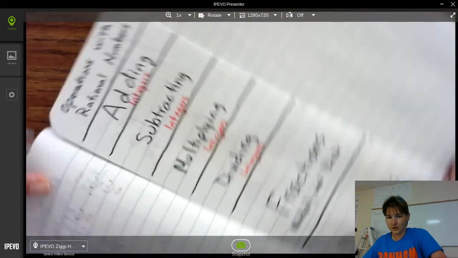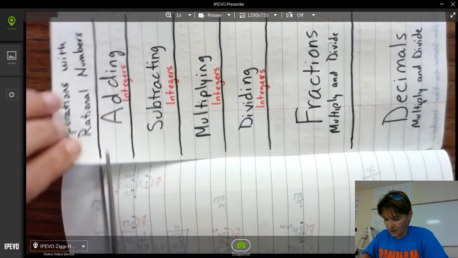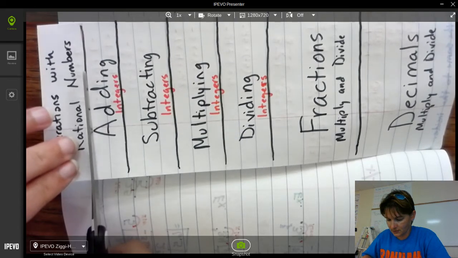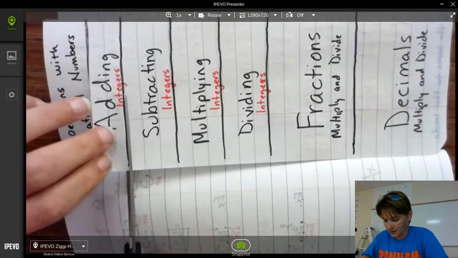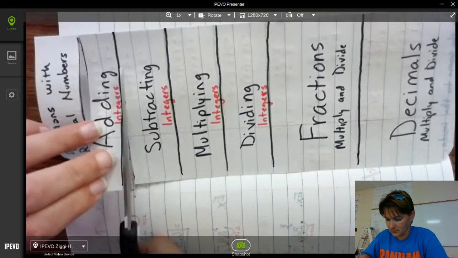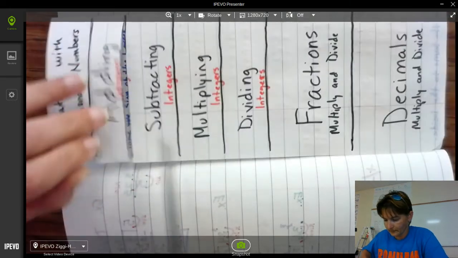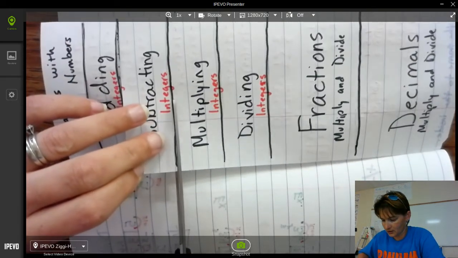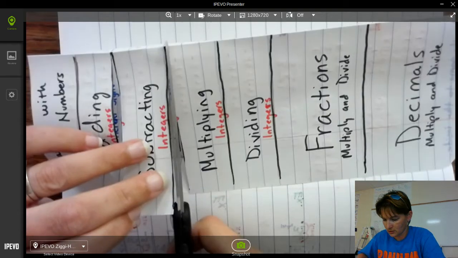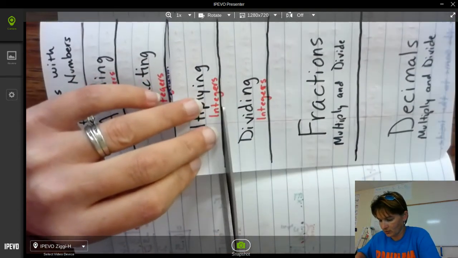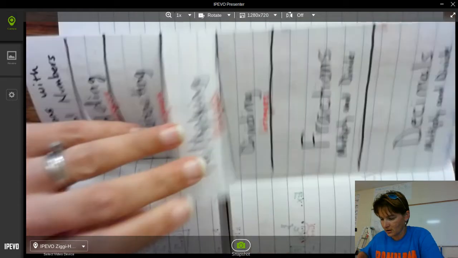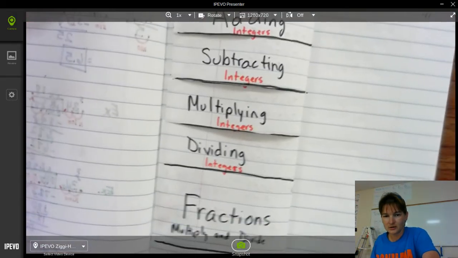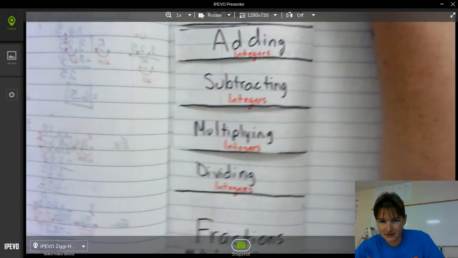And so if I want to see what that would look like, we're going to cut here and here. Okay, I'm not going to go all the way down because I want to tell you how this will help with studying purposes. So go ahead and you can continue.